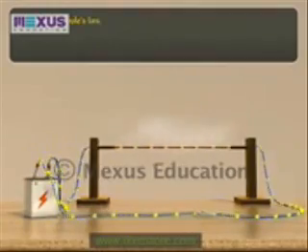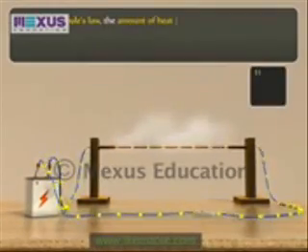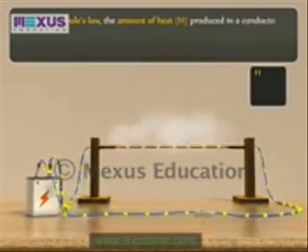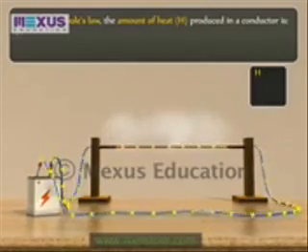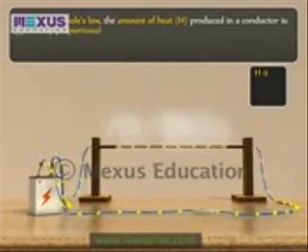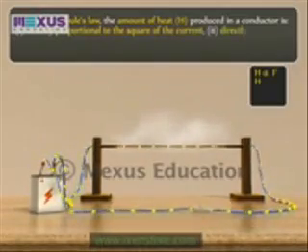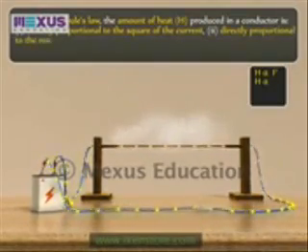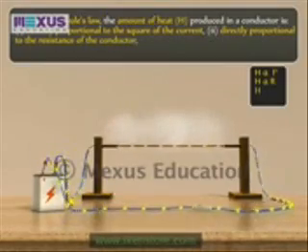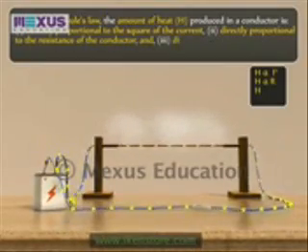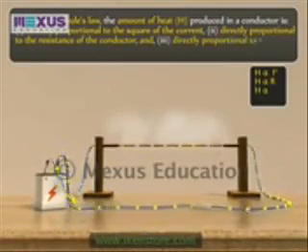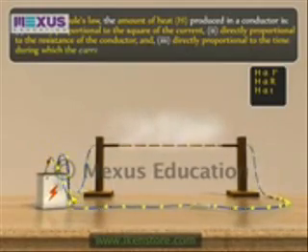According to Joule's law, the amount of heat H produced in a conductor is 1. Directly proportional to the square of the current. 2. Directly proportional to the resistance of the conductor. And 3. Directly proportional to the time during which the current flows.